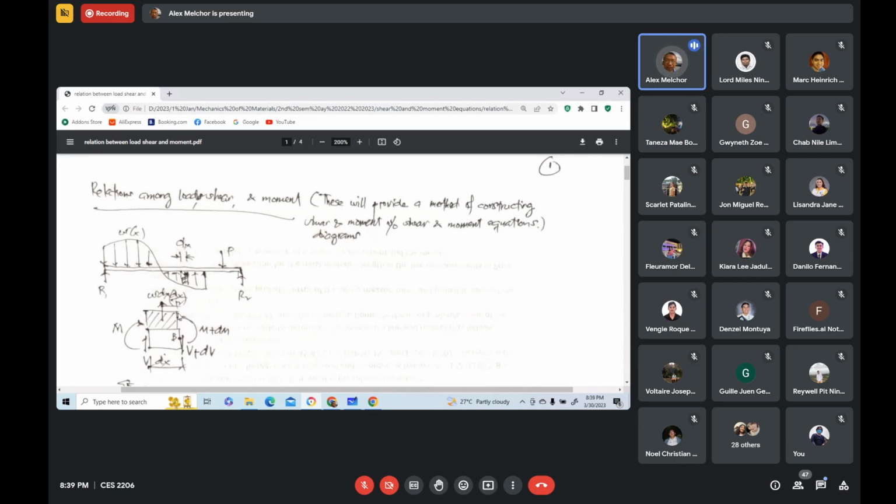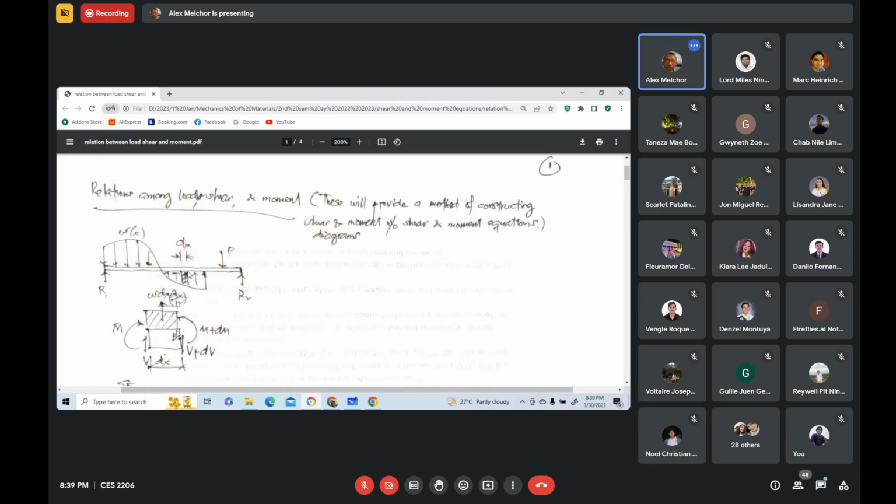So this is now the enlarged view of this element. And at this section, at the left end of the element, we have here a shear that goes up in this case, and a moment. Okay.